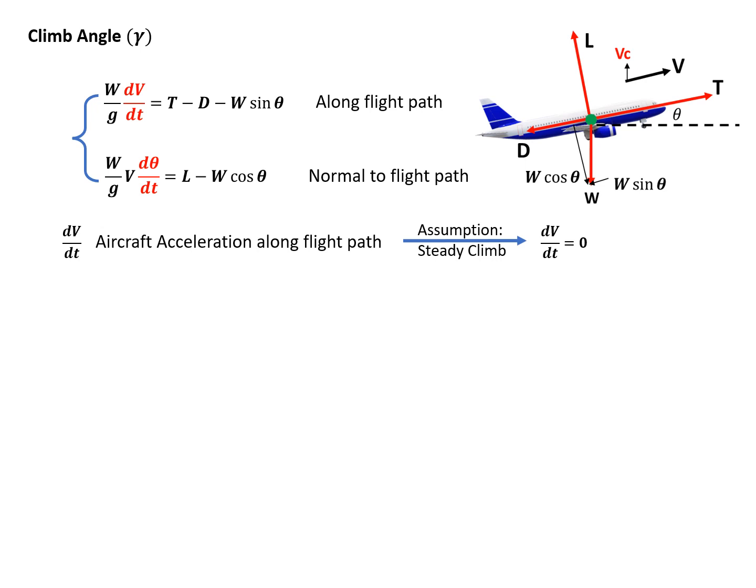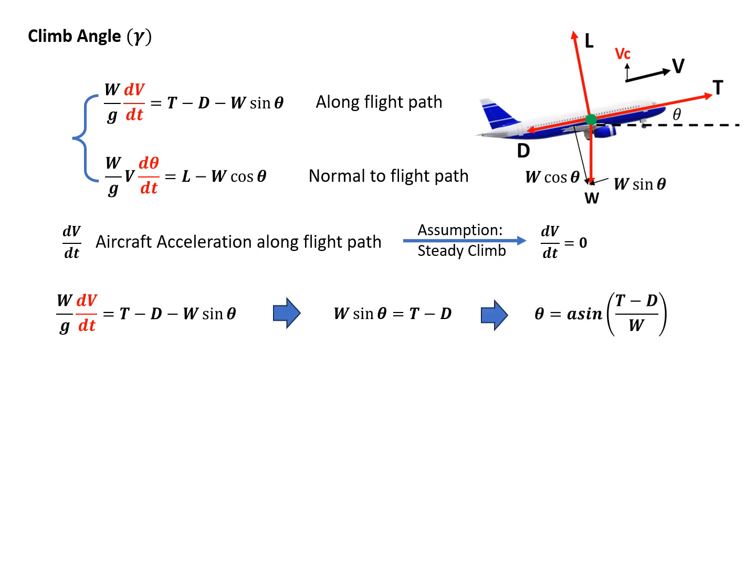So the equation along the flight path can be simplified as W times sine theta equals thrust minus drag. We can further write theta explicitly: it is arc sine of (T minus D) over W. So this is the flight path angle.